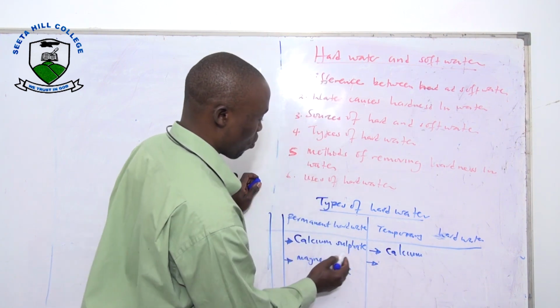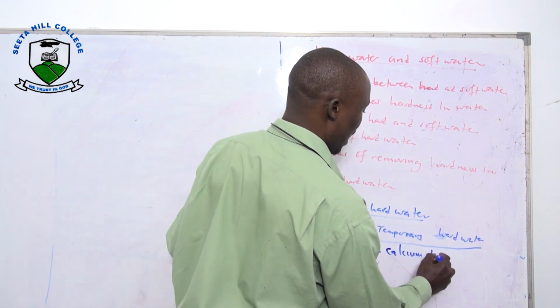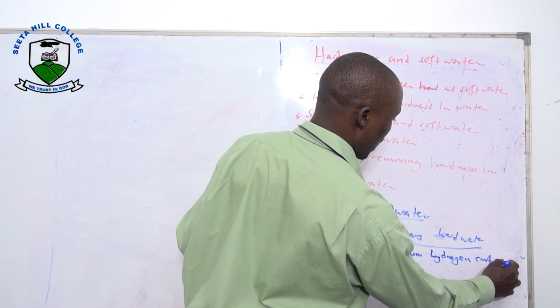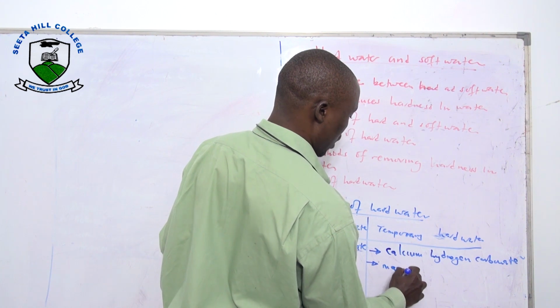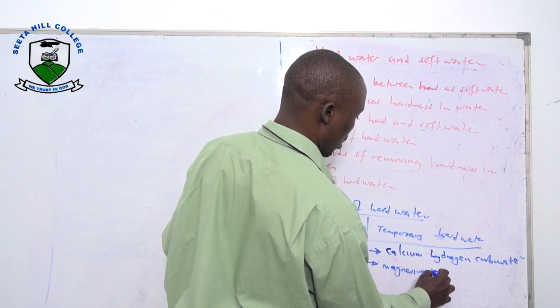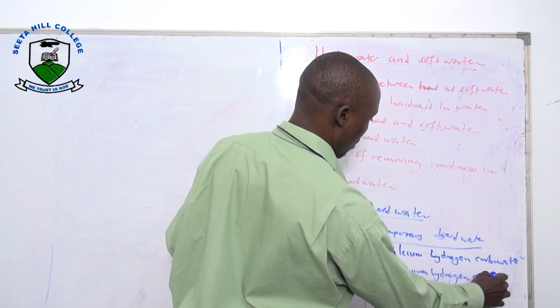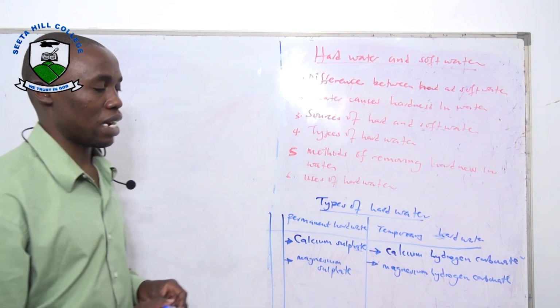I hope you can write for me the chemical formula of calcium sulfate. Then calcium hydrogen carbonate and or magnesium hydrogen carbonate. These are the ones that make water temporarily hard.